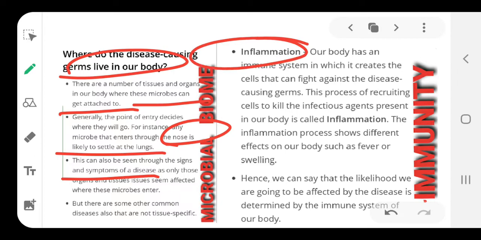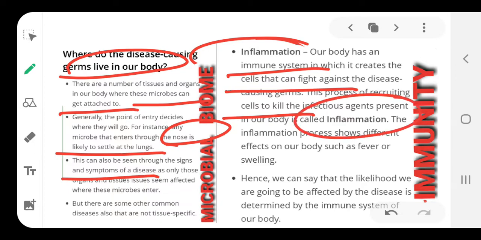What normally happens is that whenever our body is attacked by pathogenic microbes, our immune system creates cells that fight against the agents causing the infection. See the mechanism: it recruits the cells to kill the agents that enter the body, called infectious agents. While this is being done, a process called inflammation takes place.